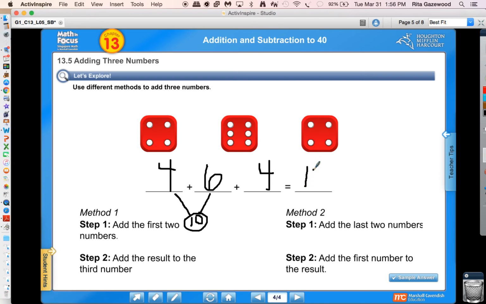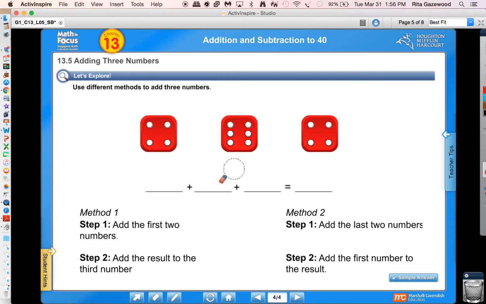So that's using method number 1. You add the first 2 numbers, and then you add their answer, their sum, to the third number. Excellent.